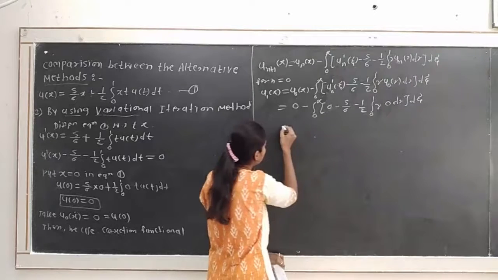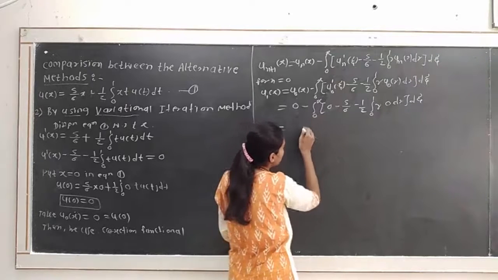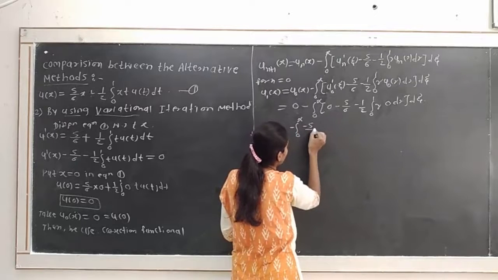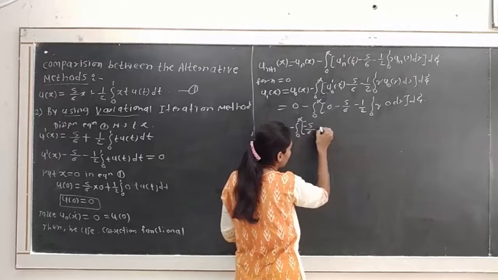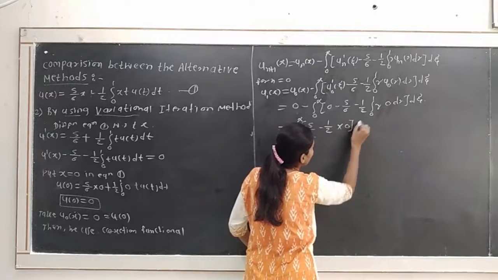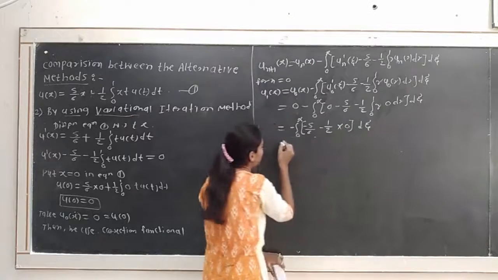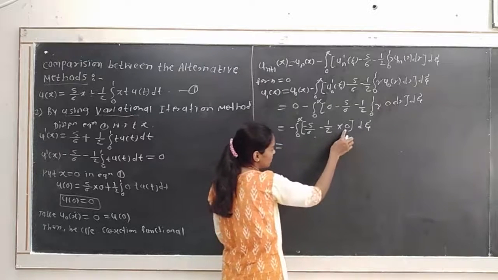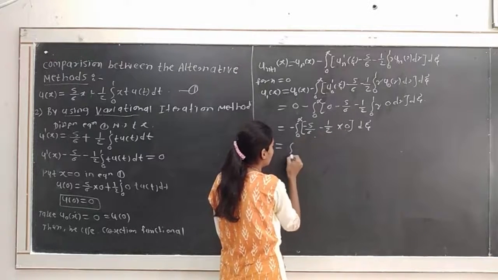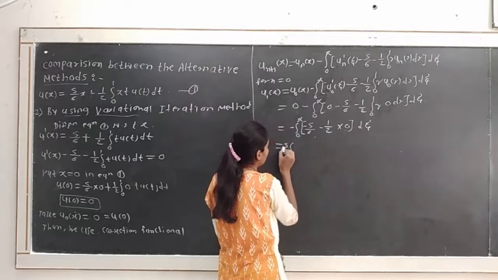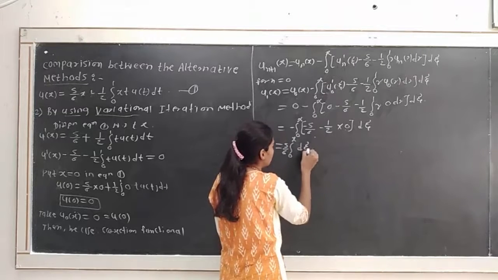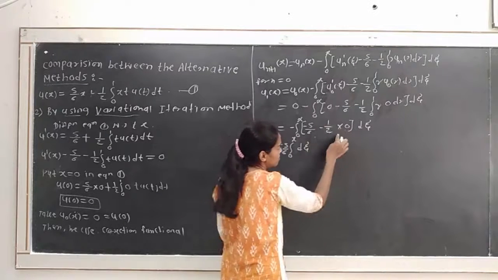Then this term becomes 0, so minus integration from 0 to x of minus 5 divided by 6, in bracket, minus 1 by 2, and this integral becomes 0, so 0 into d xi. This minus minus becomes a plus, so we take 5 by 6 outside: 5 divided by 6 integration from 0 to x, remaining only d xi, this term becomes 0.